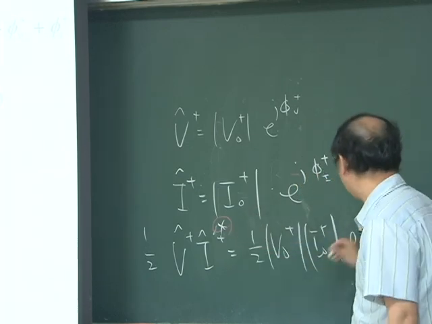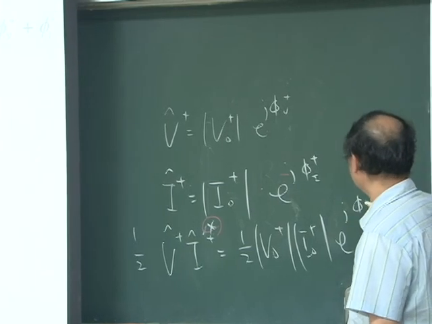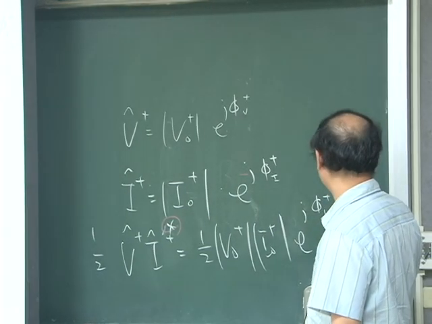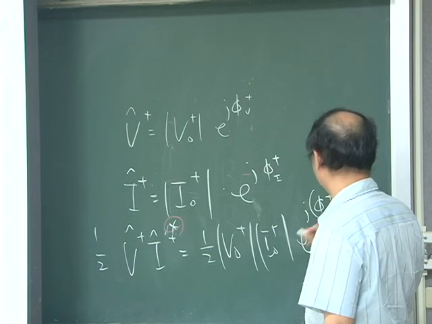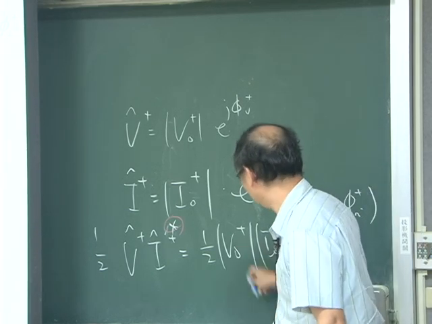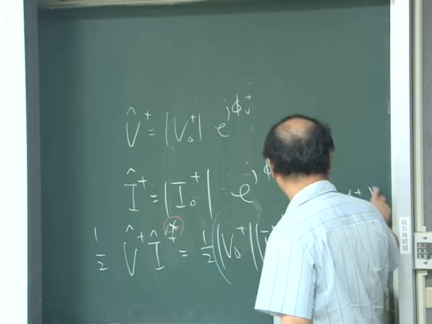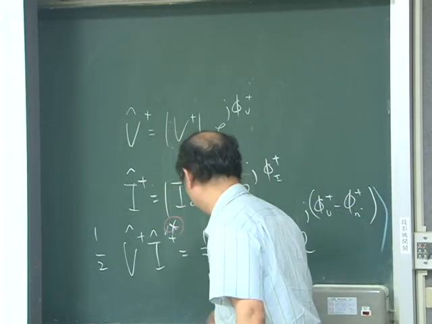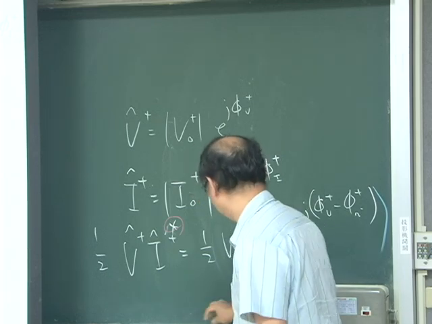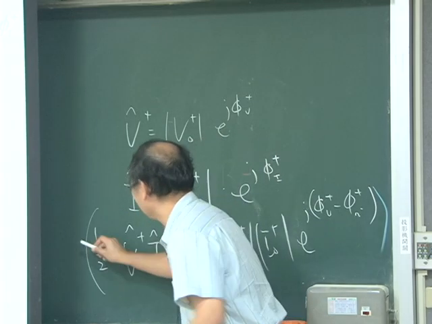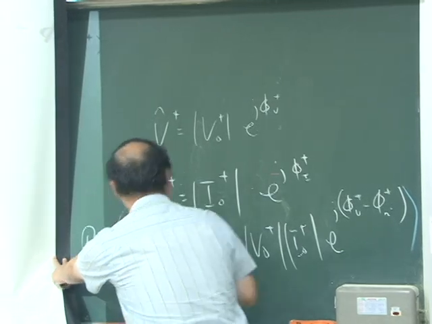Okay, so I end up having j phi v plus minus phi I plus. And then I need to take the real part of it, get my answer.